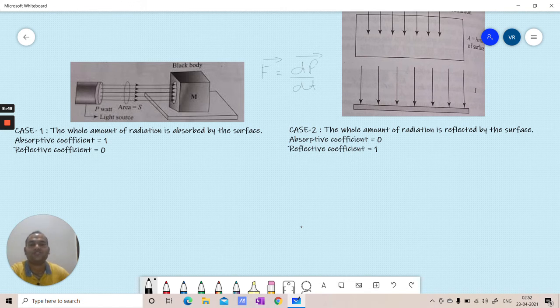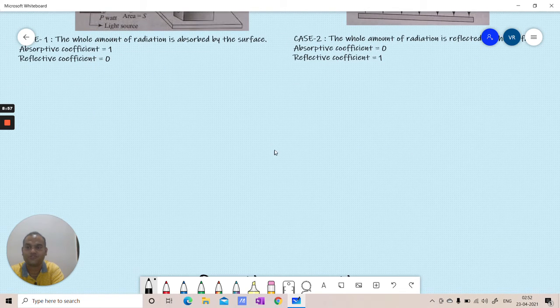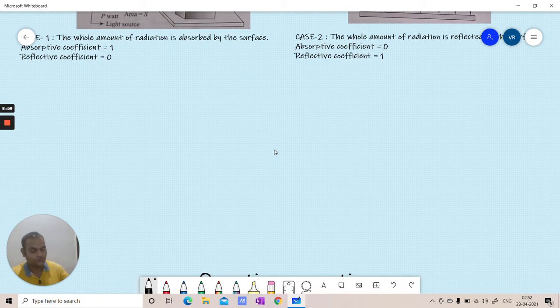So here if you consider the case of only absorptive coefficient, there is no reflective coefficient, so we can say that the momentum, P I am writing, is given by E by C or H by lambda.